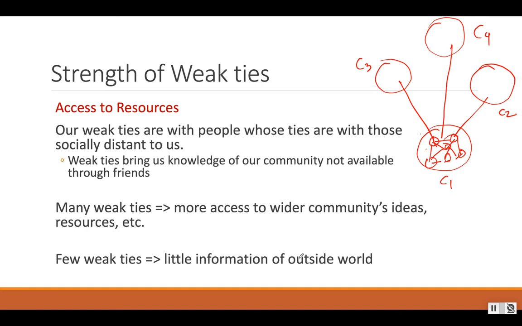If there is no weak tie, you are only going to have information which is available in your community. So many weak ties mean more access to the outside world, and few weak ties mean little information from the outside world.